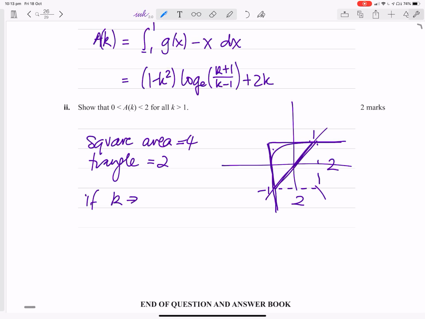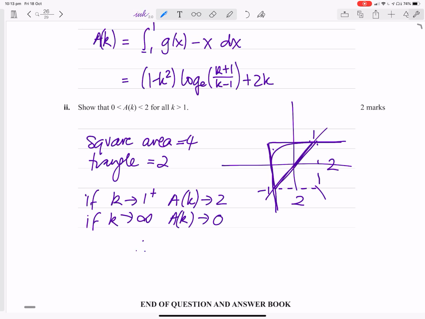So as k approaches 1 from the positive side, A of k approaches 2. If k approaches infinity, A of k approaches 0.